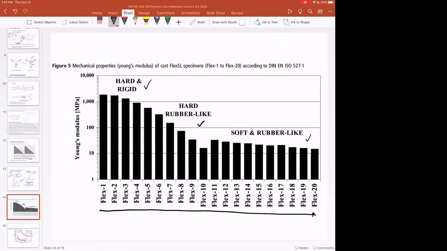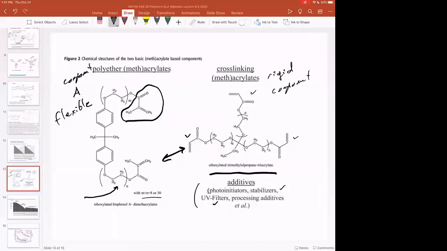Yeah. So this is a key concept in SLA resins and helps us understand how to get different materials out of this process. So you don't need polyurethanes, silicones, ABS, polypropylene, polycarbonate, PEEK.